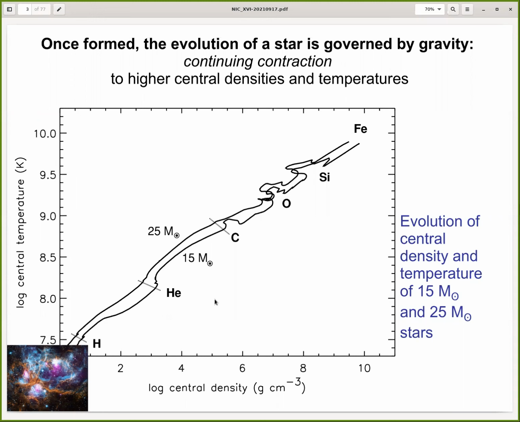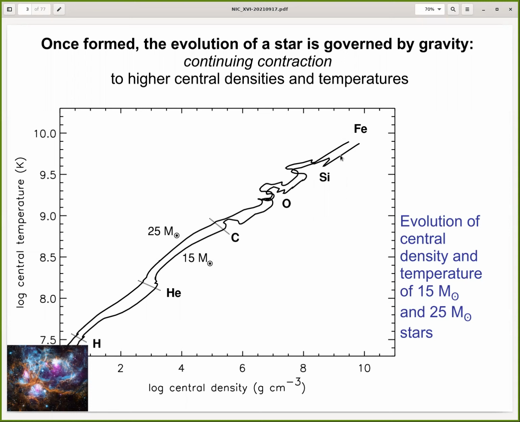You can see we start at the very bottom left, where the stars are born in this nebula. And then they start contracting basically towards higher central temperatures and densities. So that is the overall simple picture of stellar evolution.